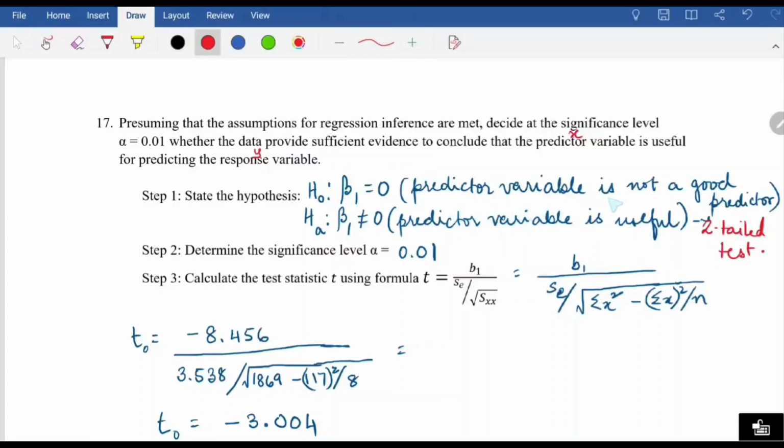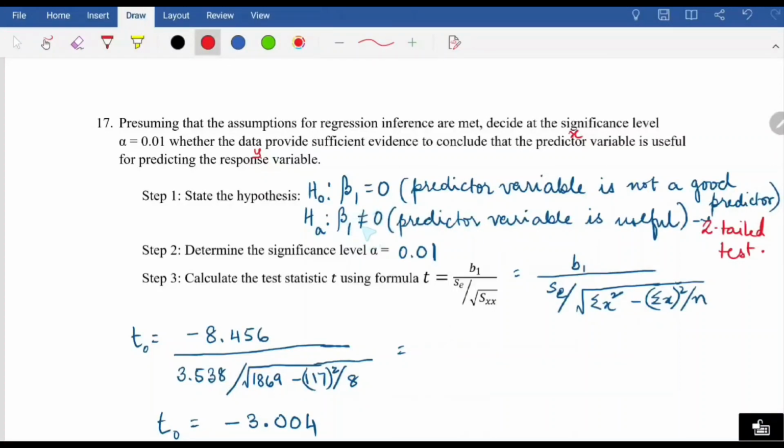It'll say the predictor variable is not a good predictor of Y. H sub A, or the alternate hypothesis, on the other hand, will state that no, the slope is not equal to 0. It is a useful predictor of Y.